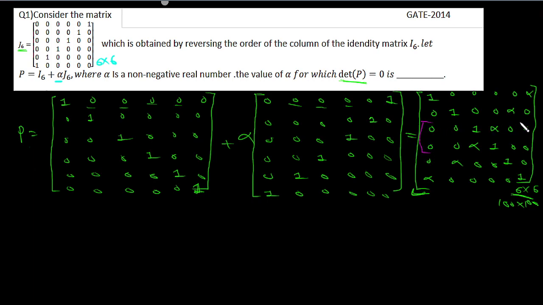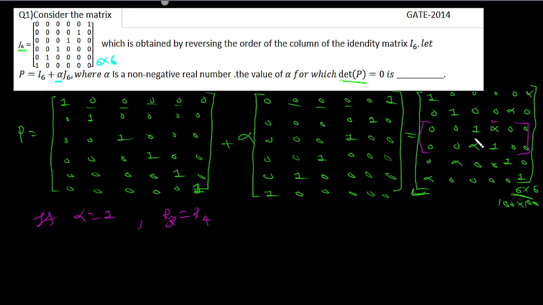Here, from row number 3 and 4, to make these two the same, we have to select alpha such that the entries will be the same. You can see directly that if alpha is equal to 1, then R3 will be exactly the same as R4.